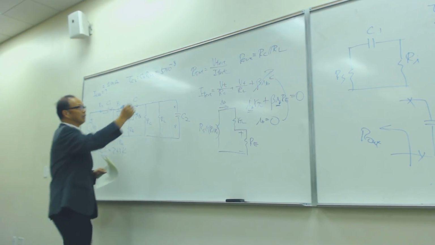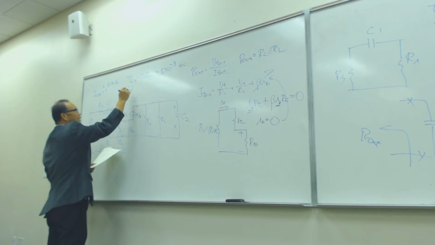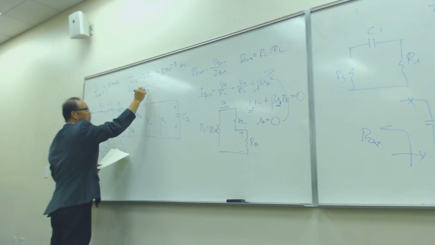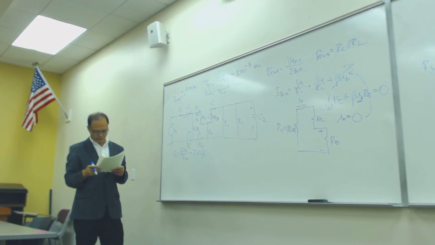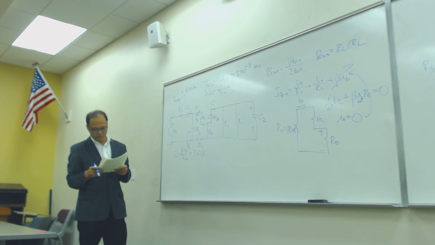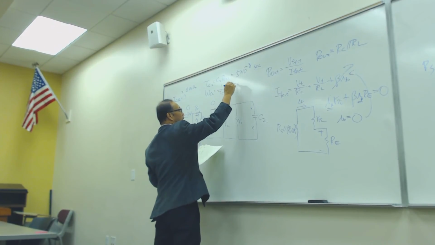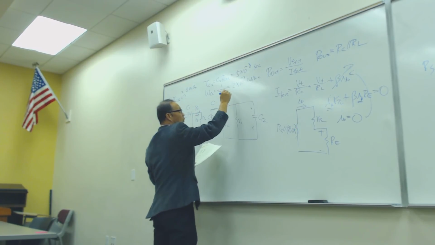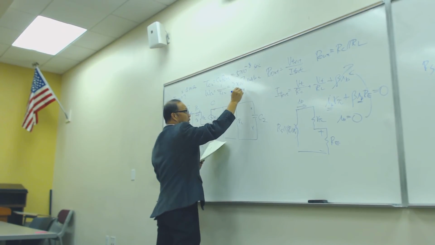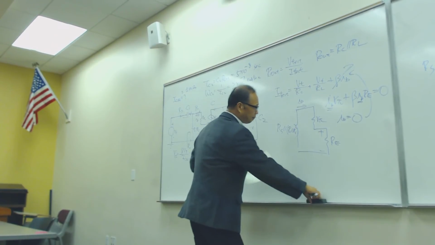Now, omega C2 is 1 over tau C2, so that is about equal to 22 times 10 to the 7 radians per second, or about 3 megahertz.